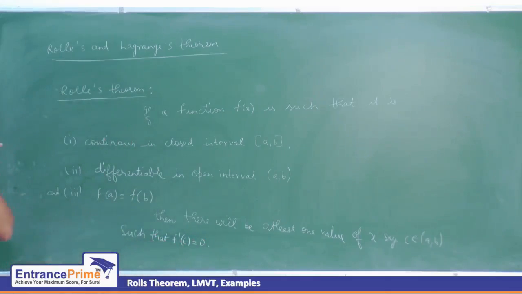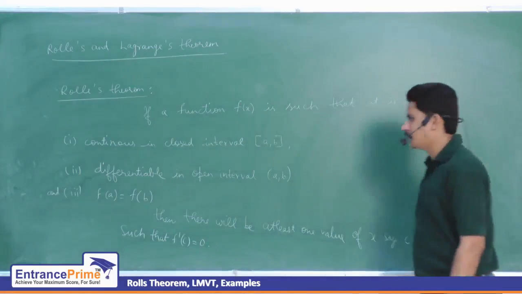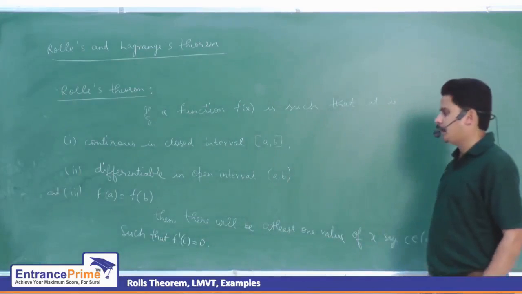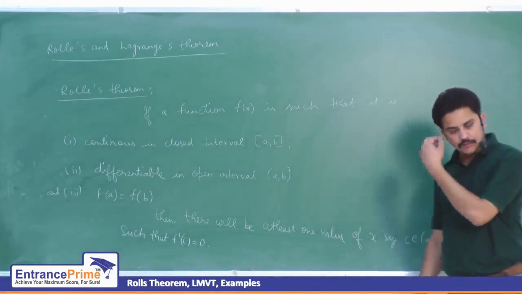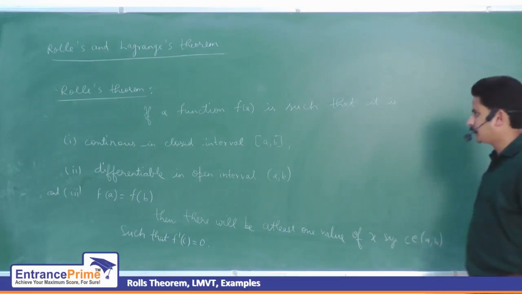So if a function is continuous in the closed interval a to b and differentiable in the open interval a to b, and the values of the function at x equal to a and b are the same, then there will be at least one root of f dash x in the interval a to b.